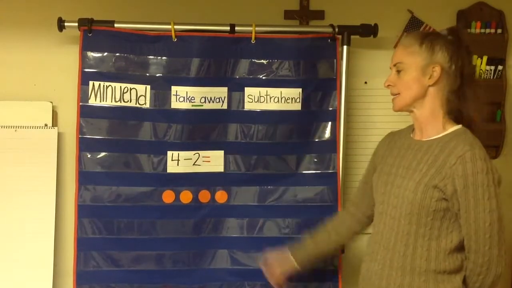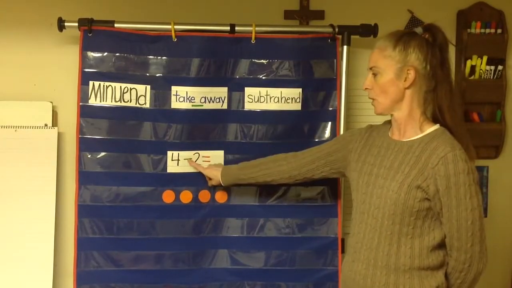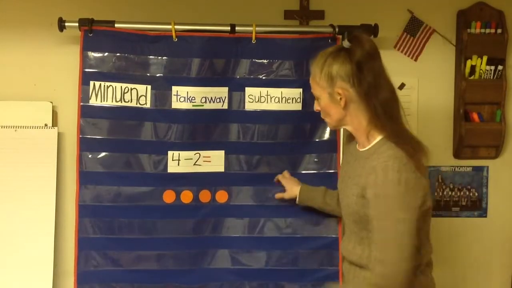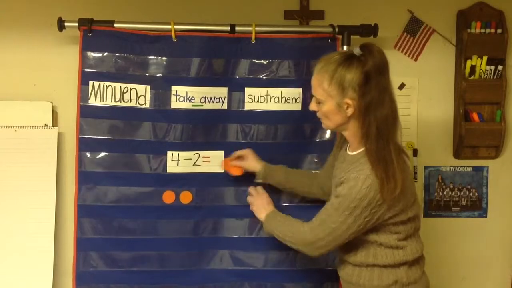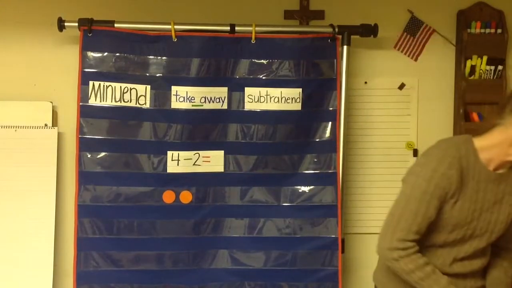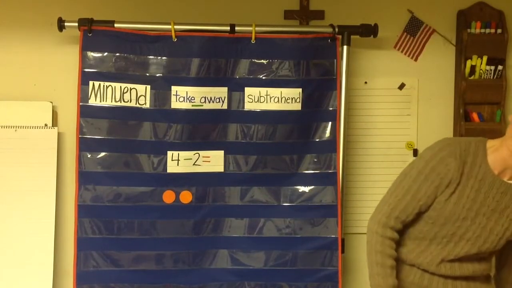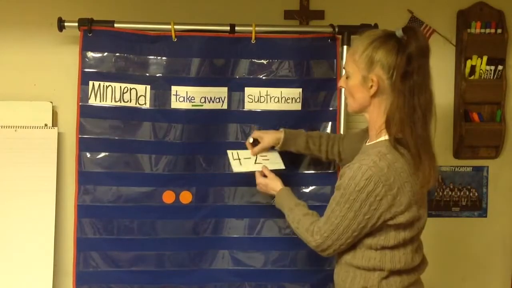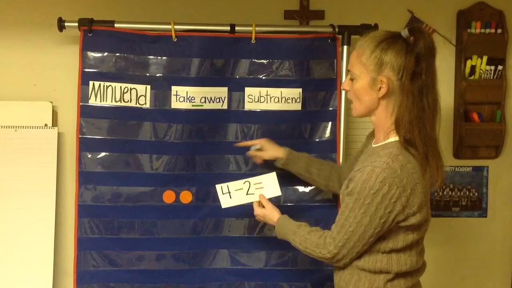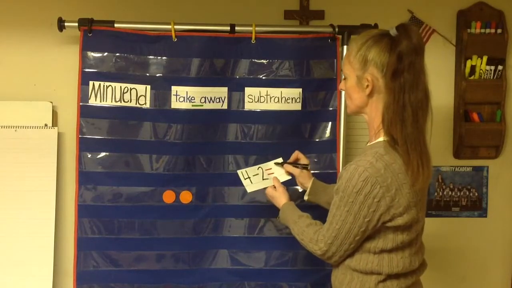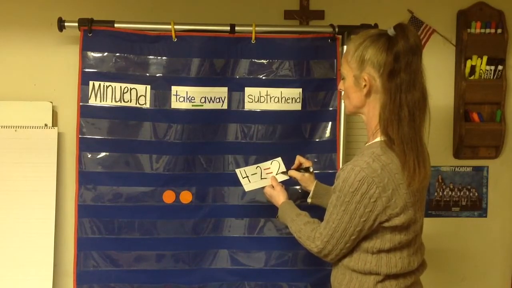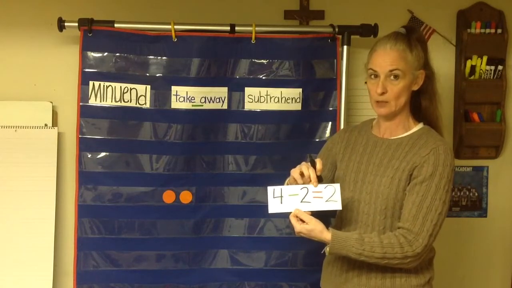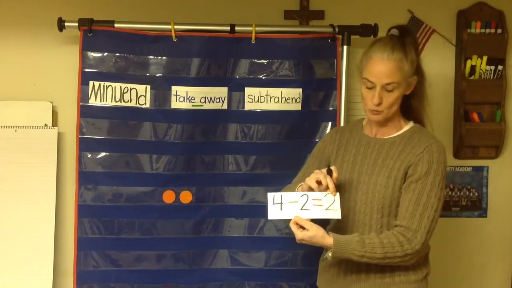Go away. Take away. We'll take away 2. 2 is our subtrahend. Equals our difference. How many are left? Right, 2. So after the stop sign, after equals, we're going to stop, count, and our difference is 2. 4 minus 2 equals 2 left. 2 is our difference.